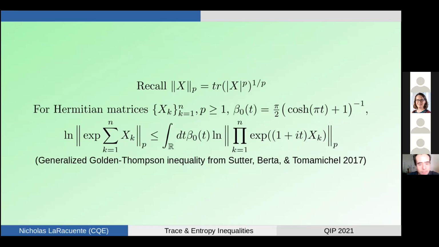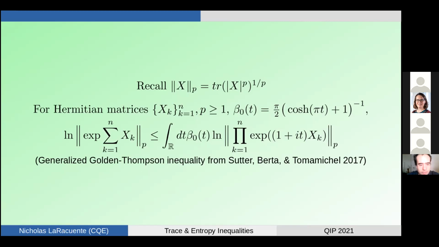So recently in a paper with Sutter and co-authors, they got a generalized Golden-Thompson inequality. If you recall the p-norm on a matrix, the Schatten p-norm, this is given in terms of the trace with a p-th power of a positive version of that matrix.